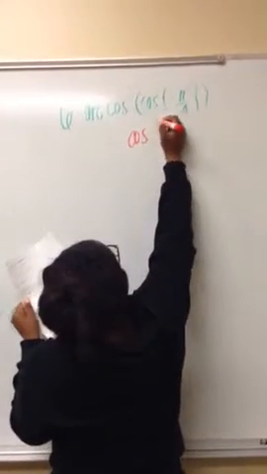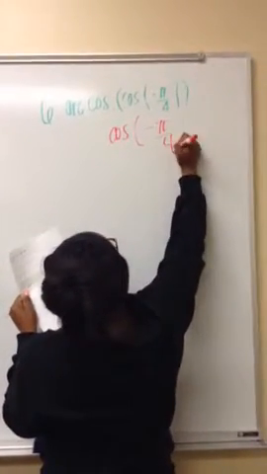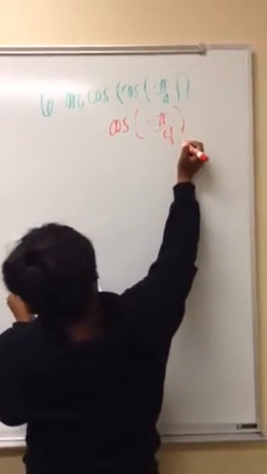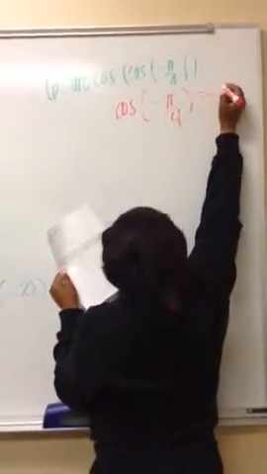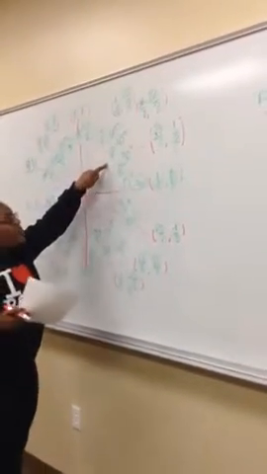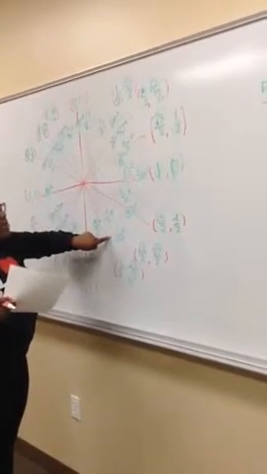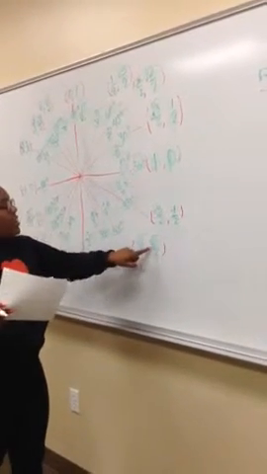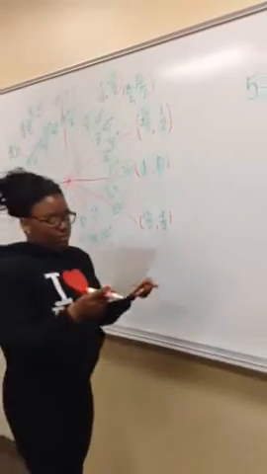Okay, 6. Arc cosine. You have cosine of negative pi over 4, which equals square root of 2 over 2. Pi over 4 is right here. Negative pi over 4 is right here. This is exactly where we get our answer from, square root of 2 over 2.